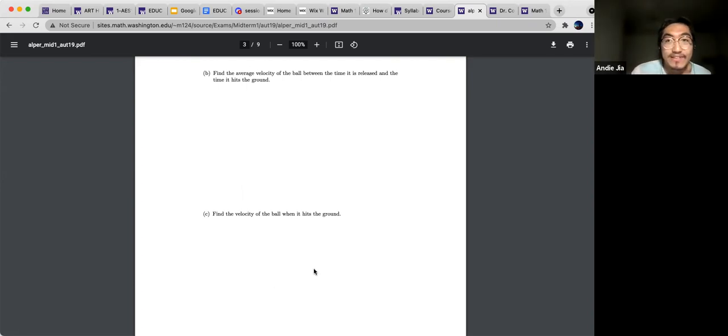So instantaneous velocity is the derivative, or any velocity, it is the derivative of the position function. And acceleration is the second derivative of the position function.